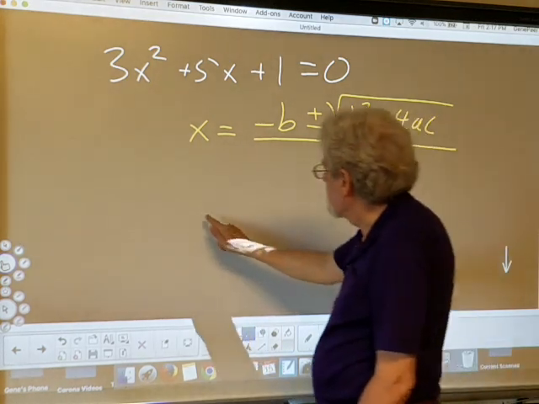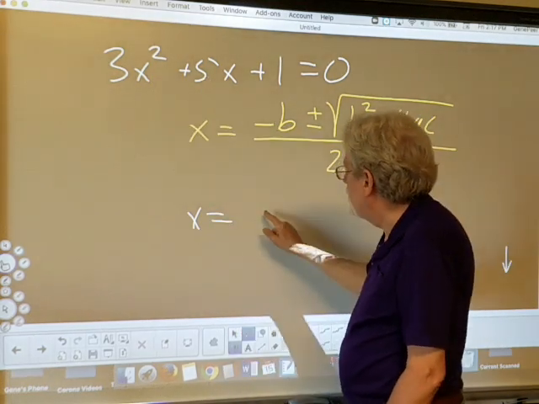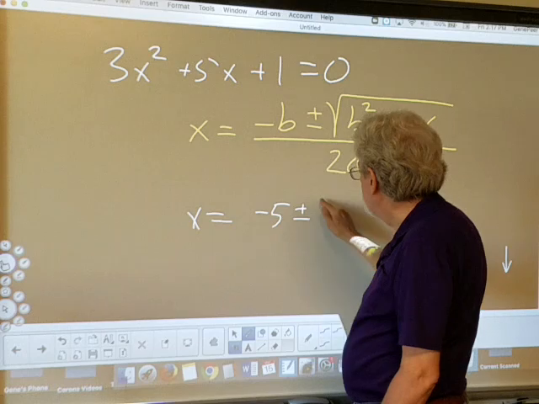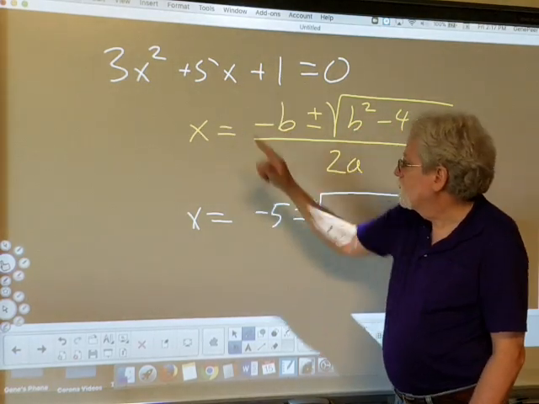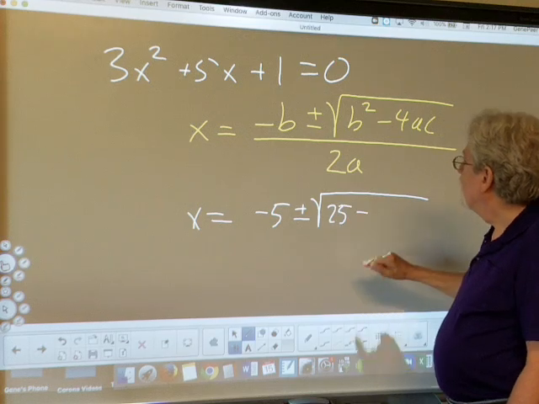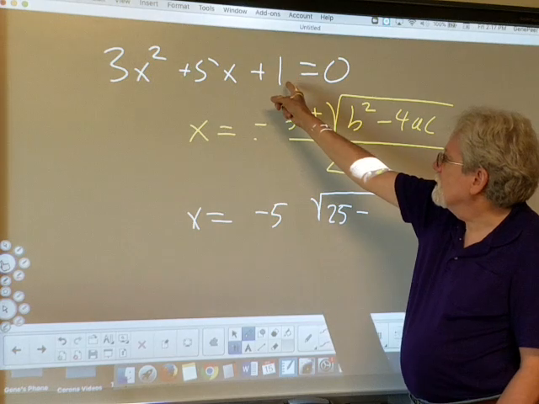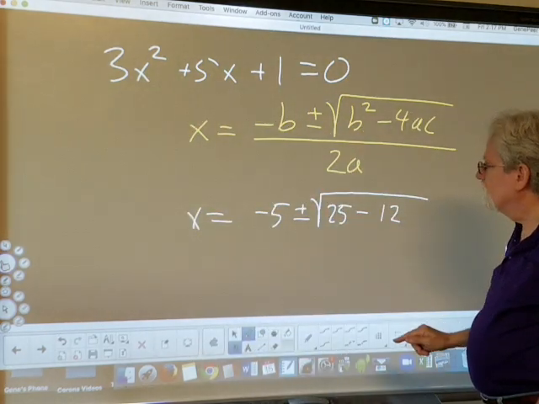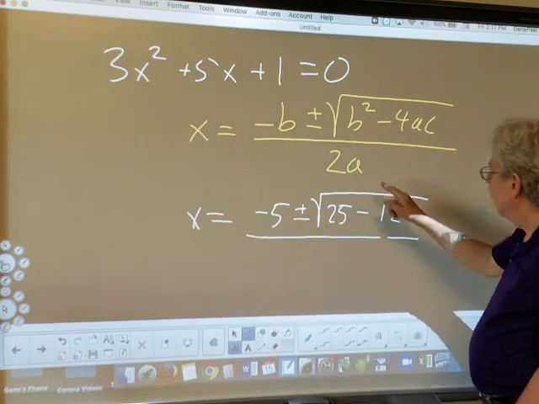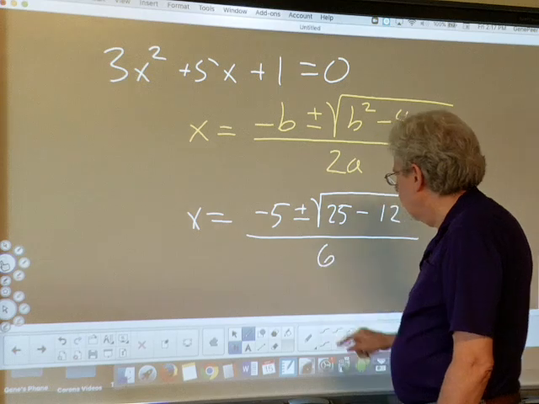So from there, x is inverse b, that's -5, plus or minus the square root of what? b squared, that's 25, minus 4 times a times c. 4 times 3 times 1 is 12. That's all over 2 times a. 2 times 3, that's 6.